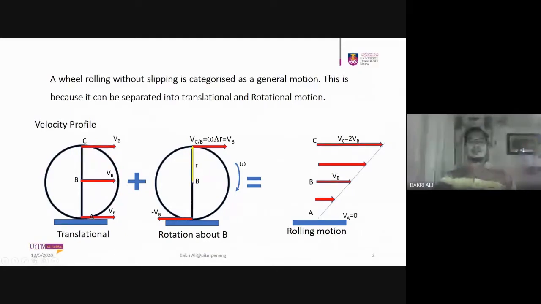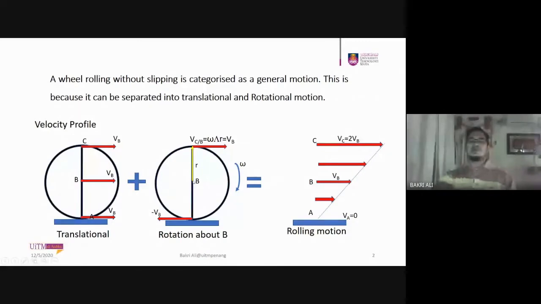At the bottom, the direction of the rotational velocity is opposite to VB, but with the same magnitude. If we combine all this motion, the top point of the wheel has twice the velocity of VB, so VC equals 2VB.